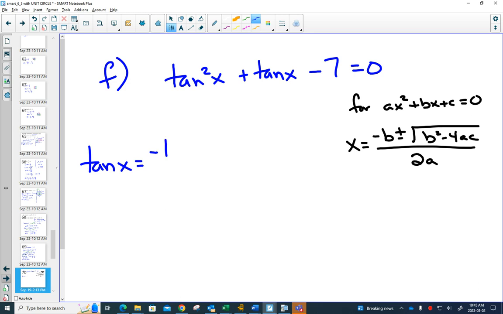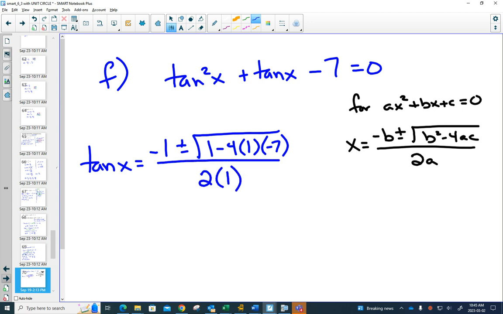So the b value is what's in front of the second one, that's a 1, plus or minus the square root of b squared, which will be 1, minus 4, a value would be 1, c value negative 7, over 2 times a. So we get tan of x equals negative 1 plus or minus the square root of 29 over 2.